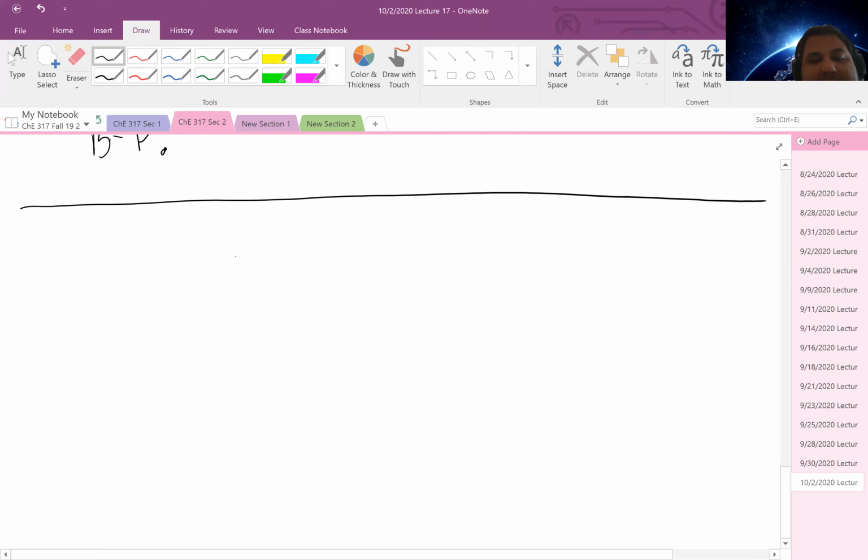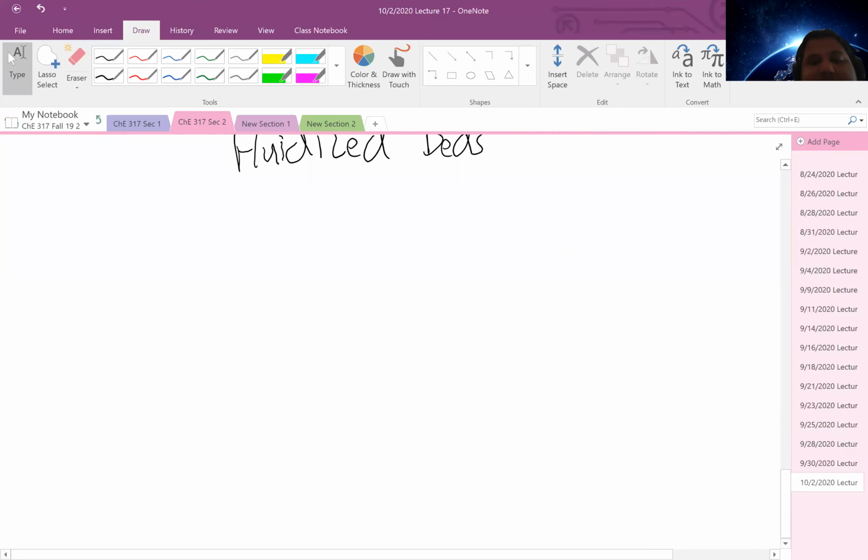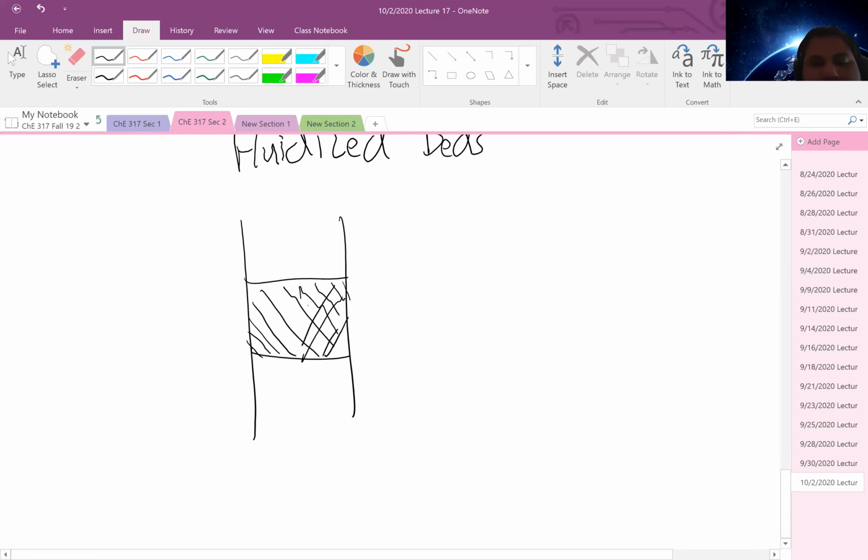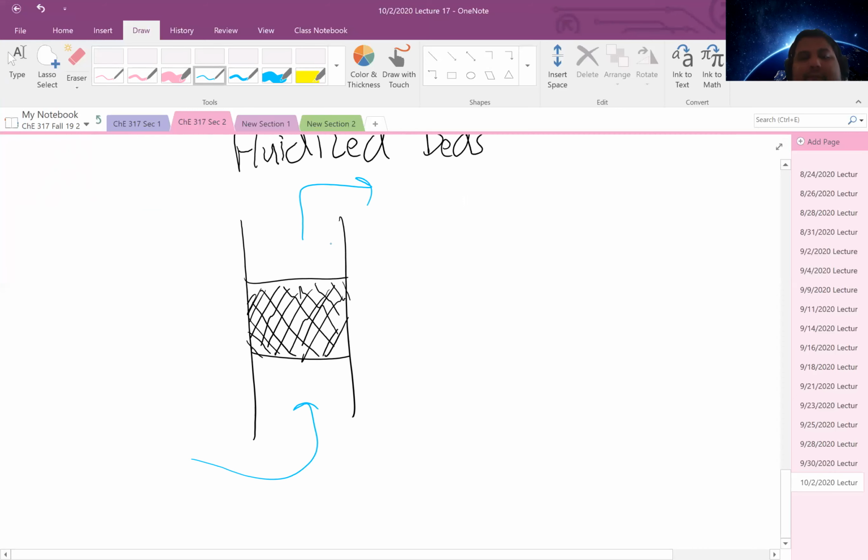All right, now we're going to talk about fluidized beds. So for a packed bed, now let's say I'm going to draw it like this, and I've got flow moving up through our column.